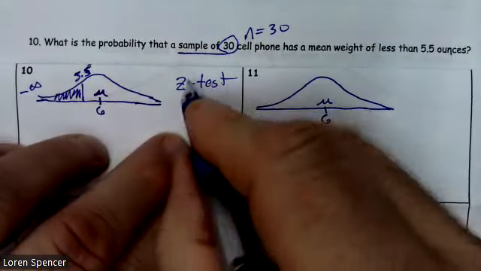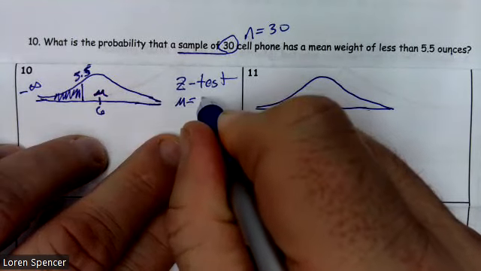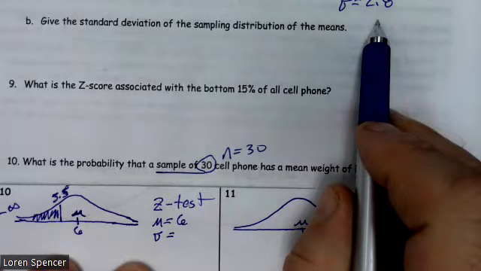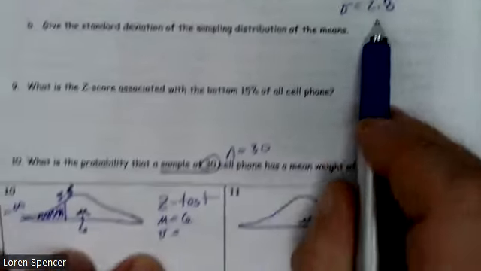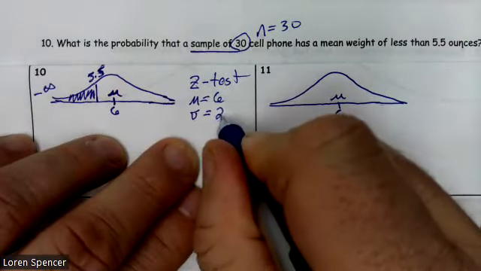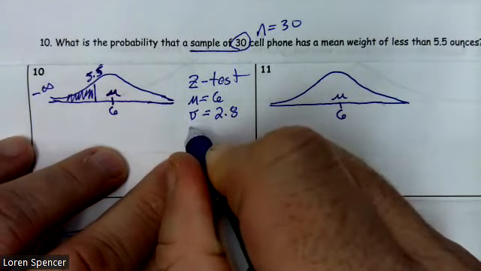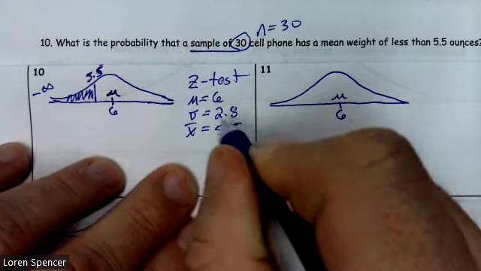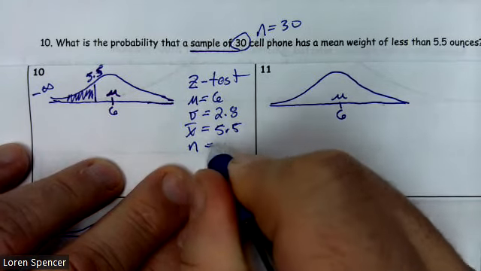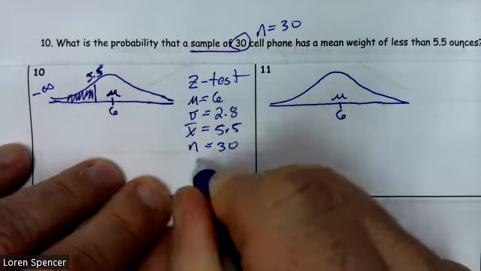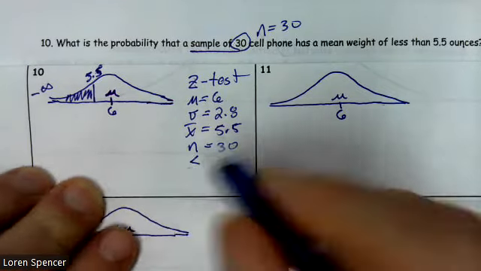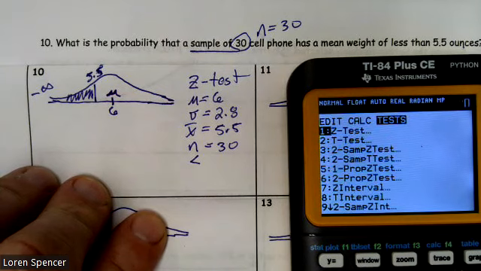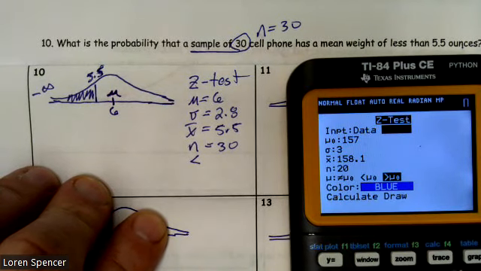All right, z-test, mean is 6. Our standard deviation was 2.8. That's what we said earlier. The x bar is 5.5. The n, in this case, was 30. And we're shading to the left because it's a less than. So let's plug that into the calculator. Stat, test, z-test.